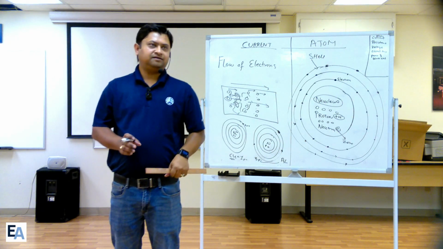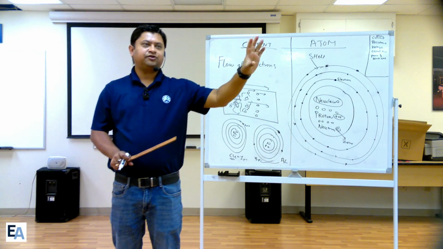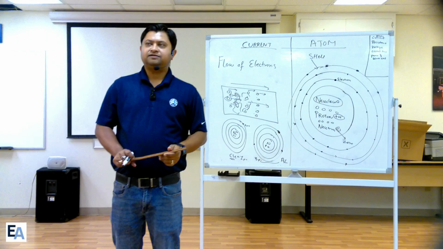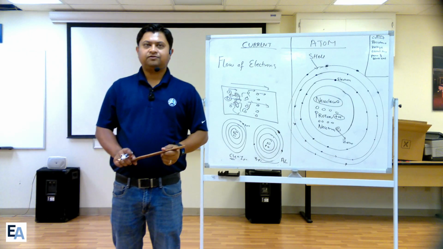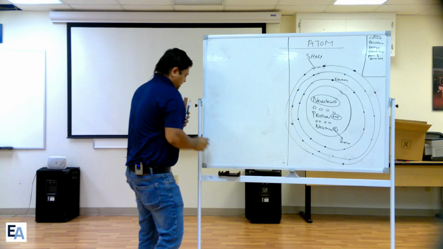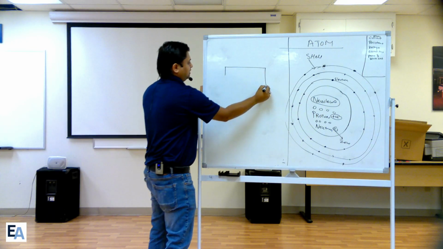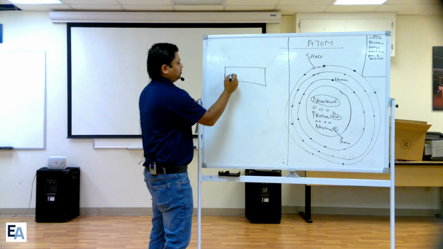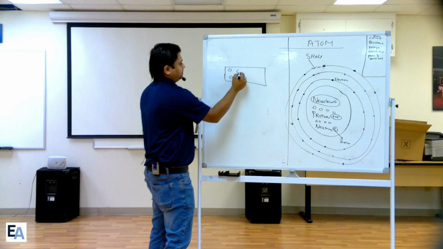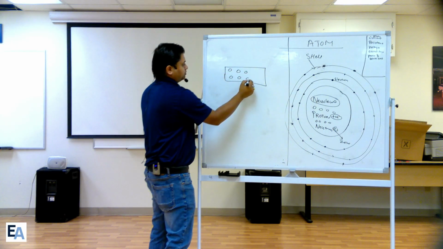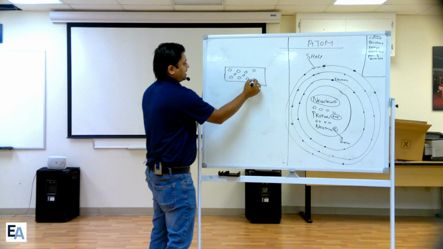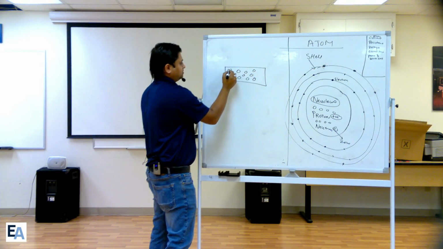So current is the flow of electrons in a certain direction. Now we have a copper conductor, and we know that in this copper conductor there are lots of copper nuclei and copper atoms, and we have lots and lots of electrons.